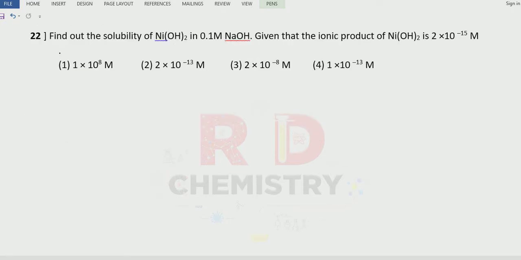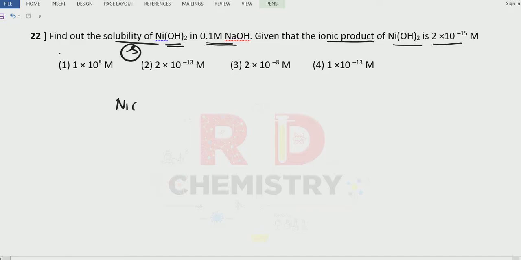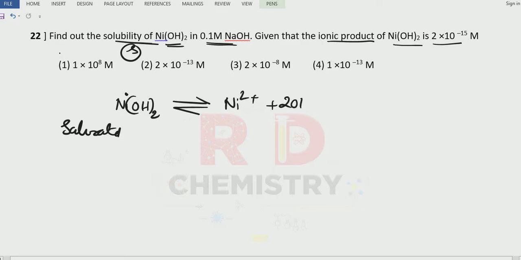Question number 22. Find out the solubility. Symbol for solubility is S. Of the nickel hydroxide in 0.1 molar sodium hydroxide. Given that the ionic product of nickel hydroxide is 2.5 into 10 power minus 15 molarity. So suppose I take nickel hydroxide, let me prepare a saturated solution of this one. In a saturated solution, there is an ionic equilibrium between the nickel hydroxide and nickel 2 plus ions and the 2 hydroxide ions, correct?